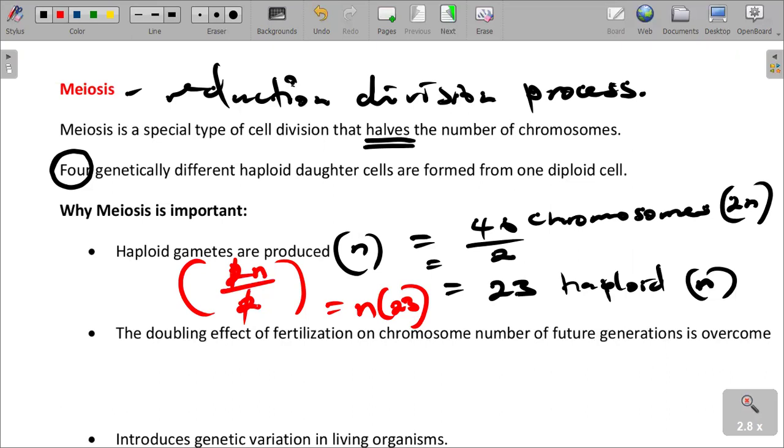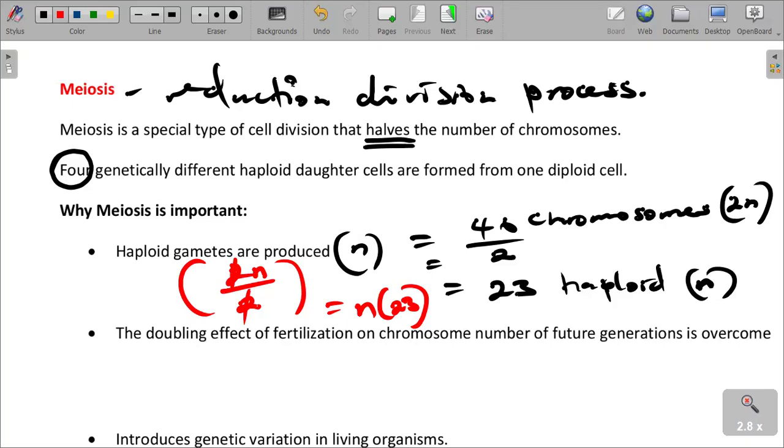So one thing that I just want to emphasize, so that when we are going to do genetic crosses, is this concept of halving the number of chromosomes that are within a cell.